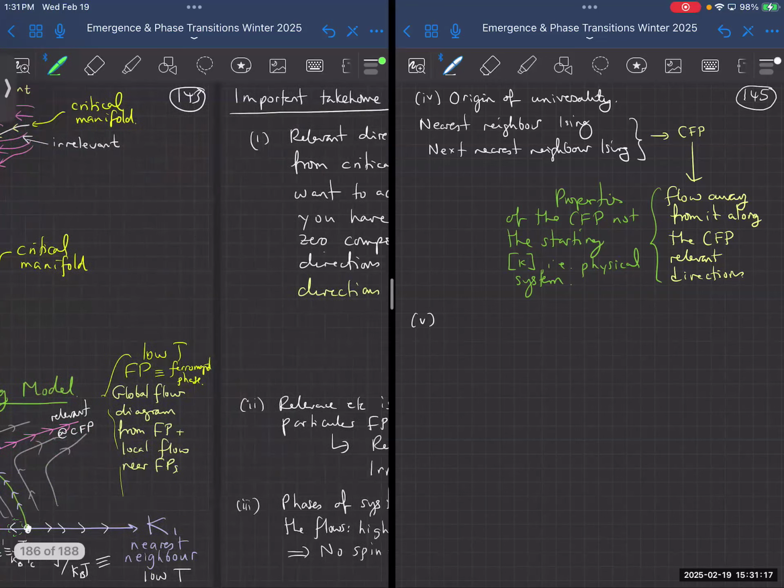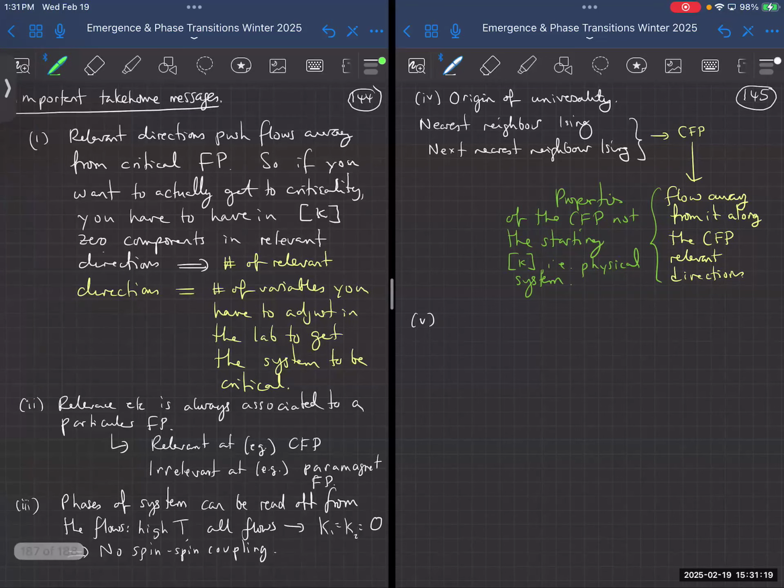Okay, let me just say a word about the phases of the system. As we said before, the phases can be read off. The phases of the system are the sinks. So for example, there's K1 equals K2 equals 0. That corresponds to either J going to 0 or T going to infinity.